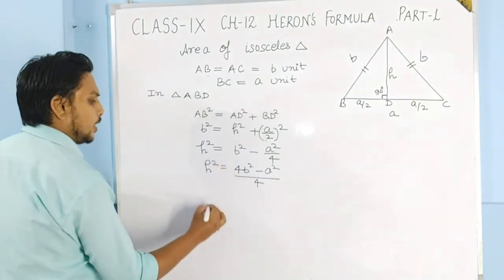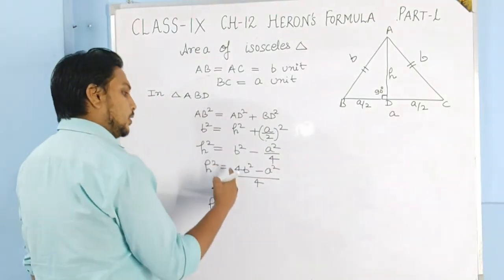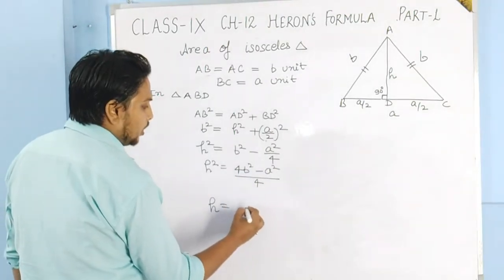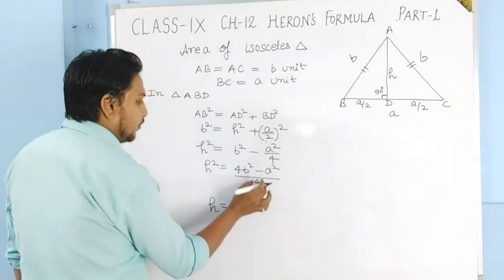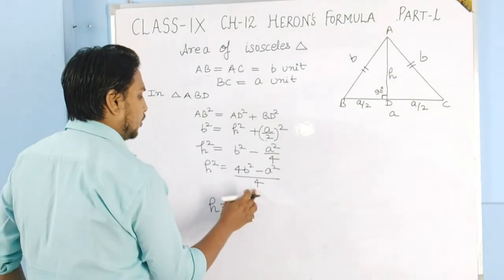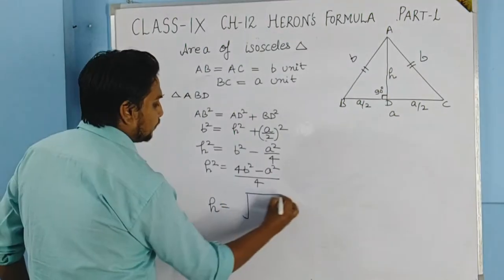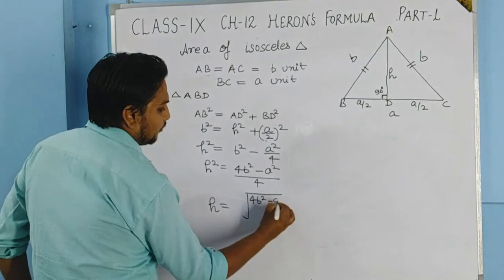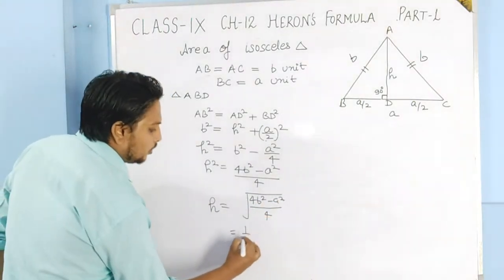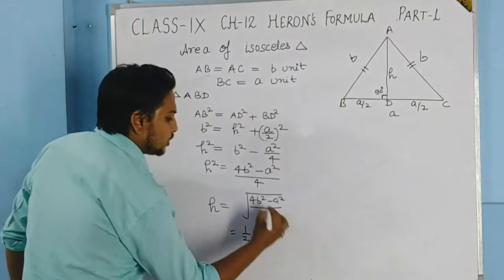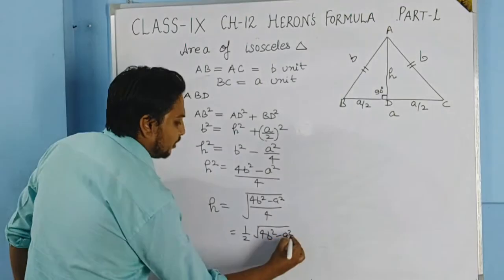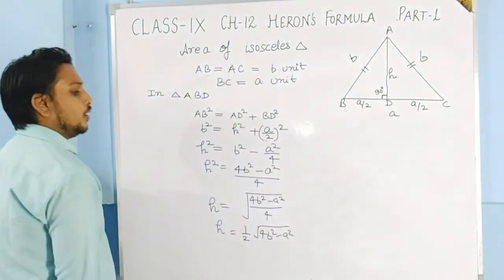It is H square. So H will be what, students? You have to take the square root here. When you take the square root, see, 4 is in the denominator, and 4 is the square of 2. So it can come out of the square root, and whatever is there in the numerator will remain in the square root.